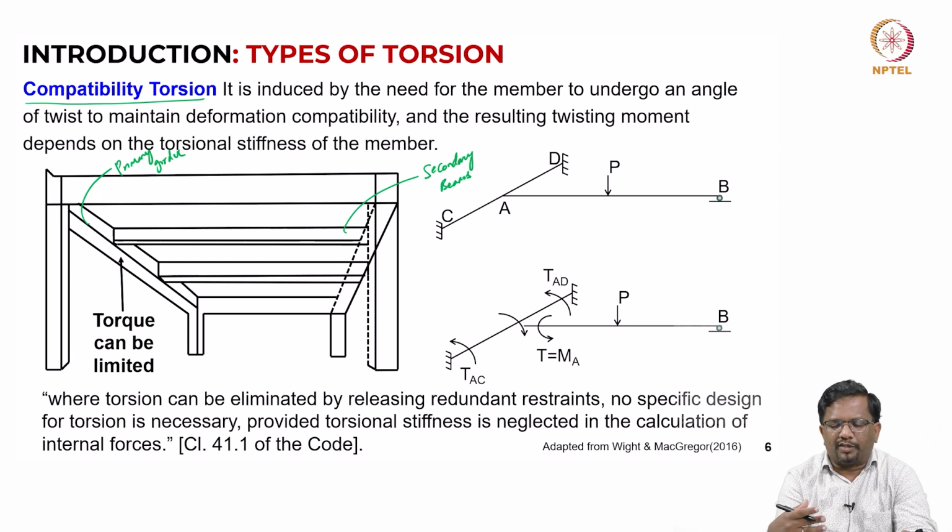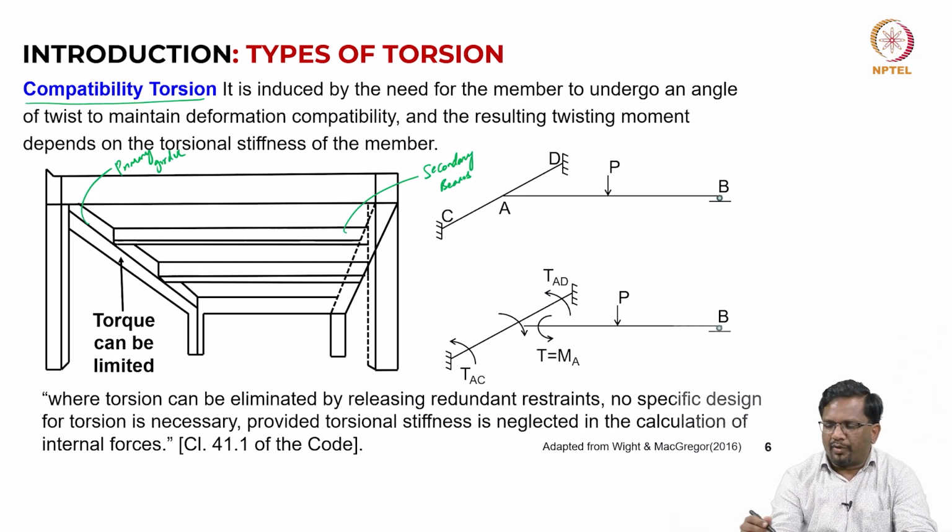And typically, we add secondary beams to reduce the span of the slab, so that we can reduce the thickness of the slab. You know that in a typical building, the self weight of the slab is a major load contributor. If I can somehow reduce the thickness of the slab, then we can come up with a more economical design. So, that is the reason secondary beams are provided.